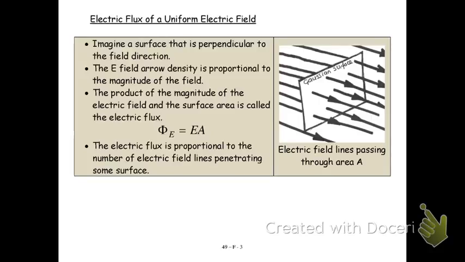So here I have a uniform field. How do I know that that is a uniform field? What is the giveaway? These are arrows of electric field lines. So these are E field lines.